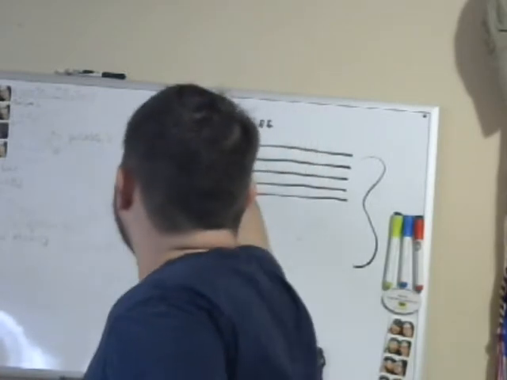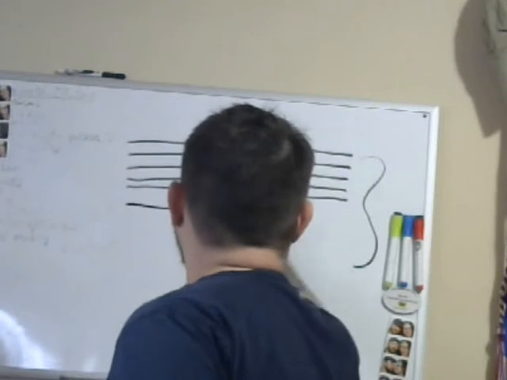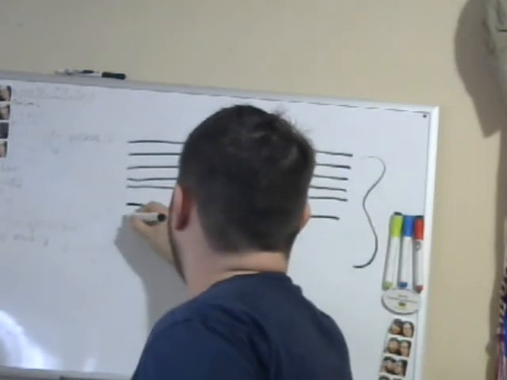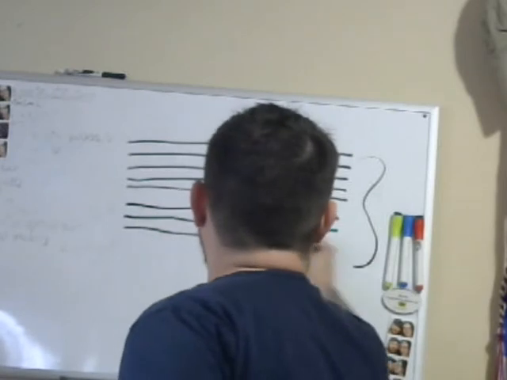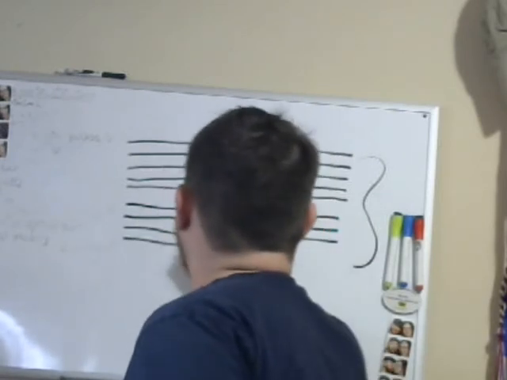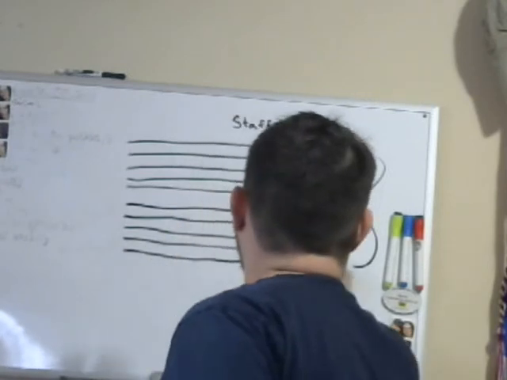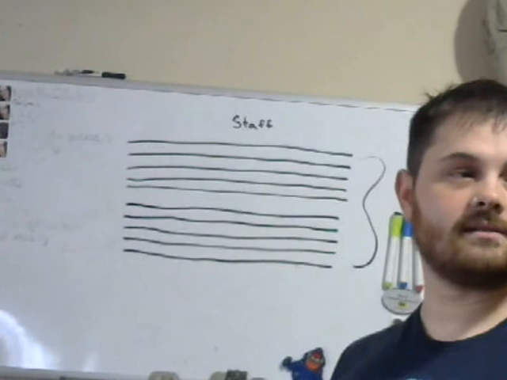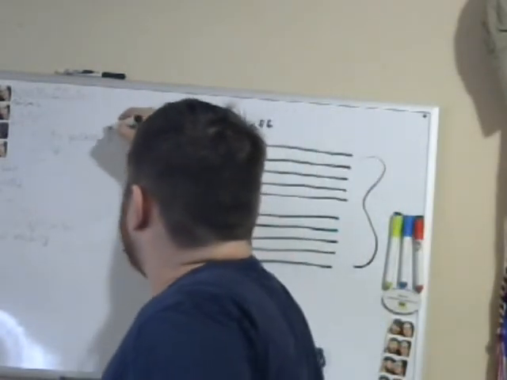Alright? And often you'll see something that looks a little like this. Let me just erase this really quick. You'll see another set of 5 lines. And you'll see your treble clef here.